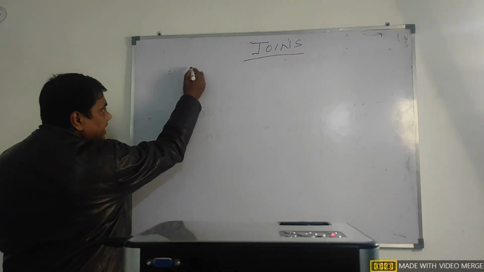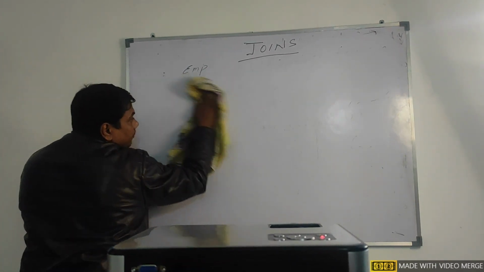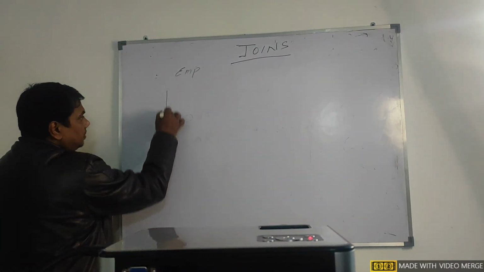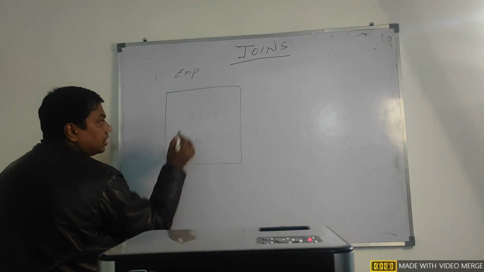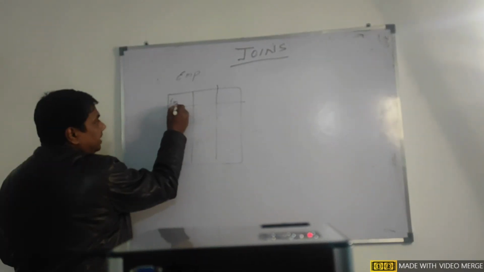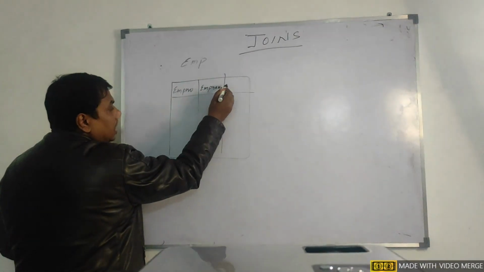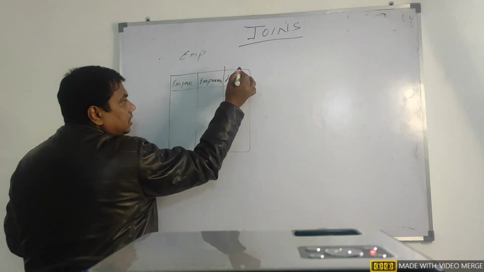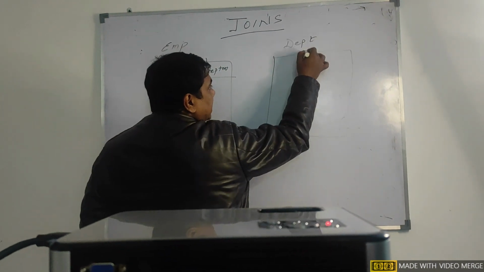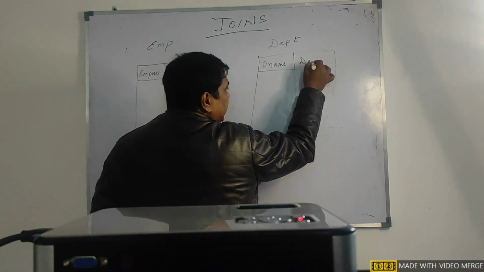Suppose this is the EMP table, let me clean my board. Yeah, this is the EMP table and it has columns employee number, employee name and department number, and there is a table called department table which has columns department name and department number.